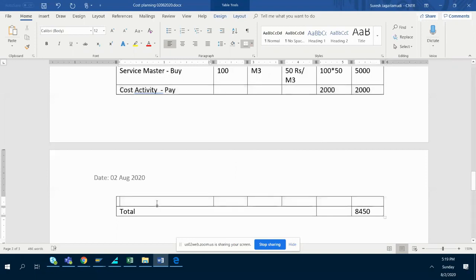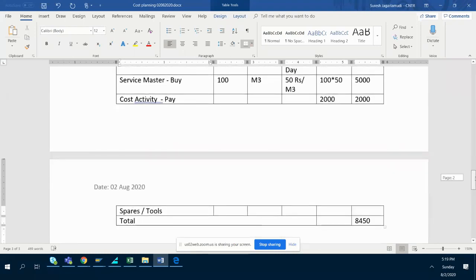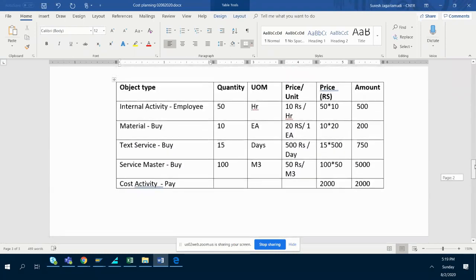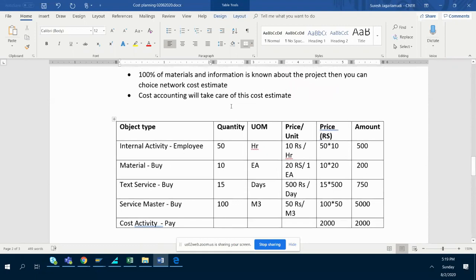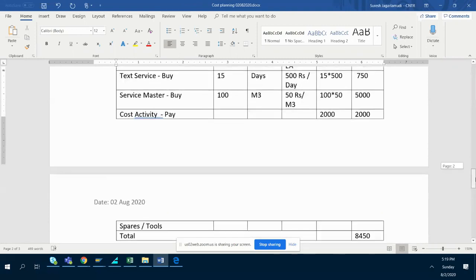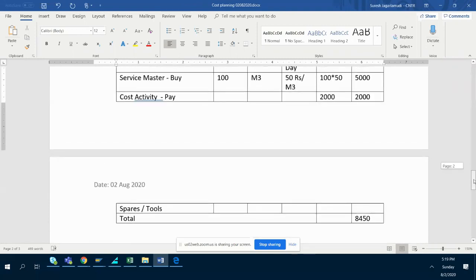We will treat them as spare materials, spare parts. Big machines, the capital goods, we are not going to consider into the material, but spare parts, wherever the screws, nuts, these we are going to consider as spare parts. Means those are the materials.